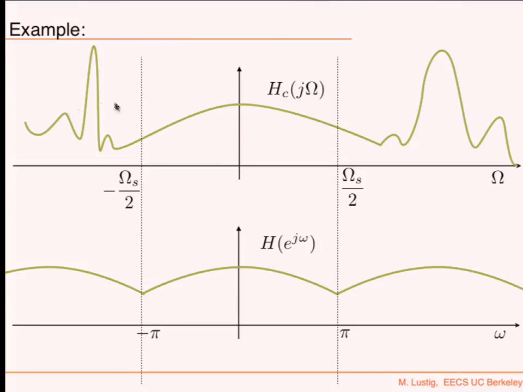It doesn't matter, because this is multiplied by a signal which is going to be 0 out there. So it doesn't matter. So my effective H(e^{jω}) is just the value of that function between minus Ω_s/2 till Ω_s/2. Okay? So that we're going to find useful. But that's exactly what the whole discrete time system is going to be doing. And I can plug in whatever I want.